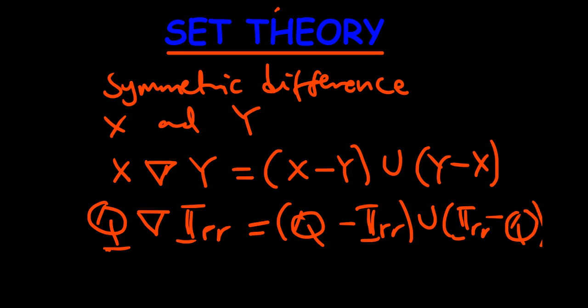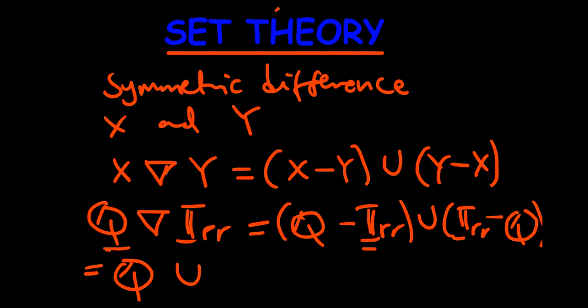So what do you get there? When you remove irrational numbers from the rational ones, since those are not contained in there, you still remain with the rational numbers.